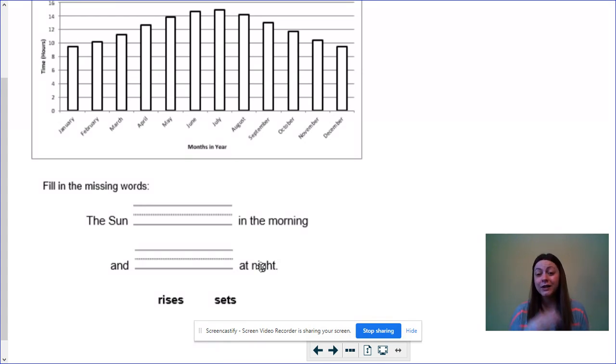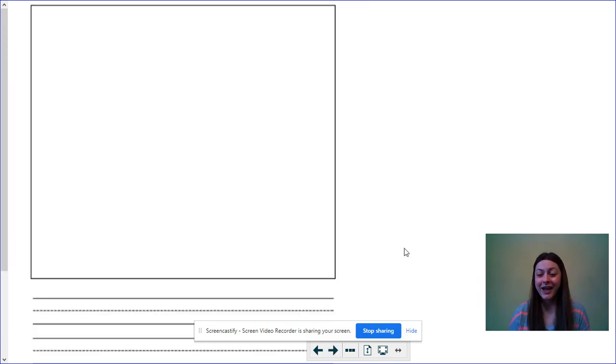You use the words rises and sets. Write them in. When you're ready, I want you to look at page 5. Page 5 has an area for you to draw and color a picture. It also has some lines for you to write about your picture.